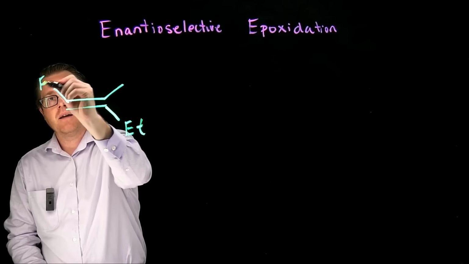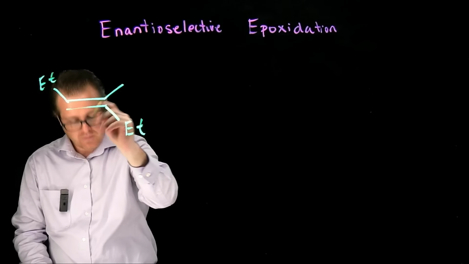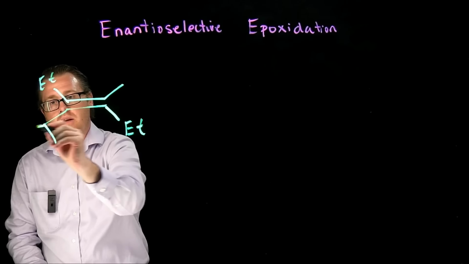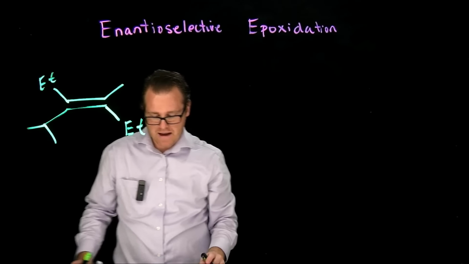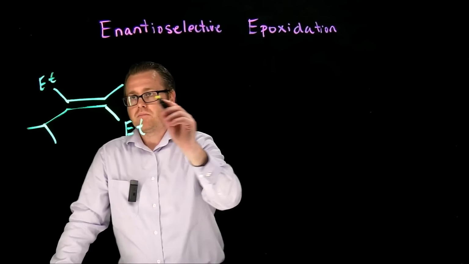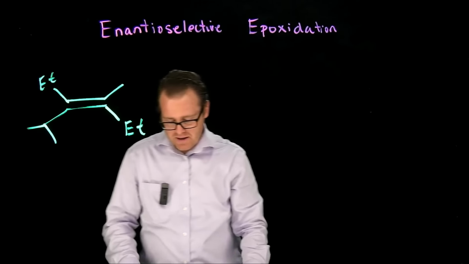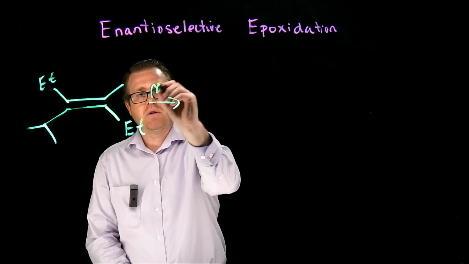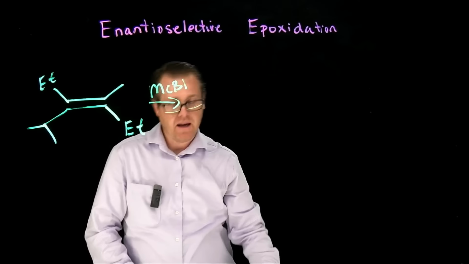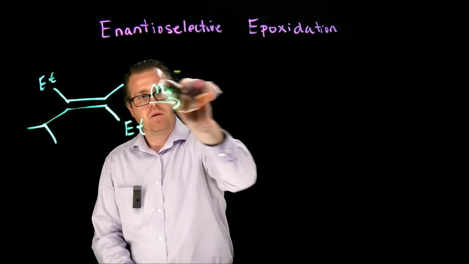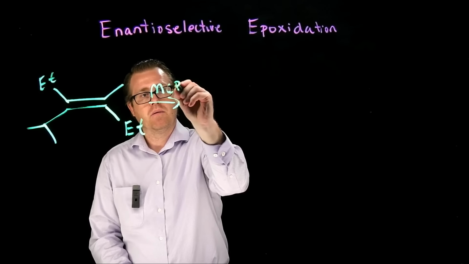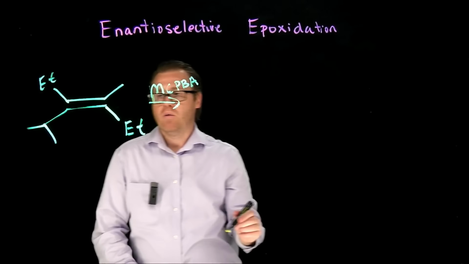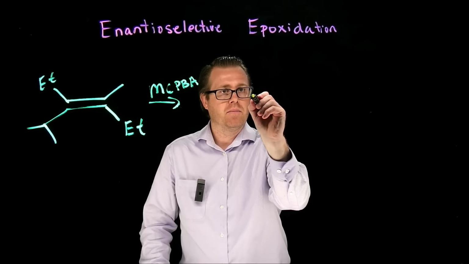Let's draw another ethyl there. Isopropyl, something like that. When you did the epoxidation, what would you get? Let's do it with MCPBA. What would your product look like?